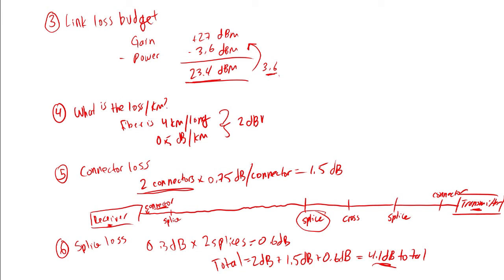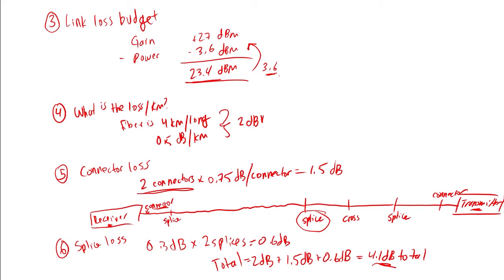Loss per kilometer is about 0.5, so you can still do about 20 kilometers. So if you're finding that your loss is too high, you probably are using a multi-mode fiber, or there's something wrong with your calculations, especially if the fiber is not that long. So just think about it.